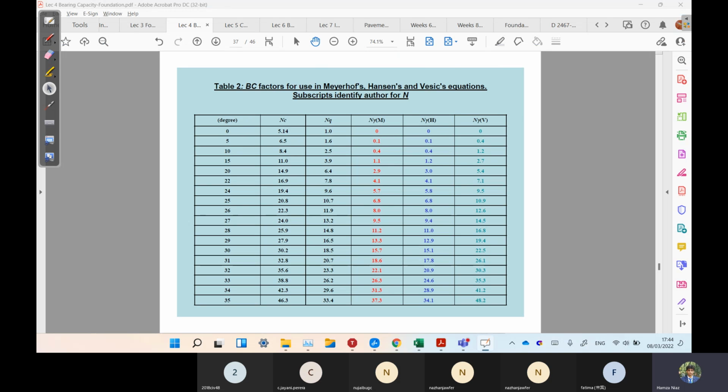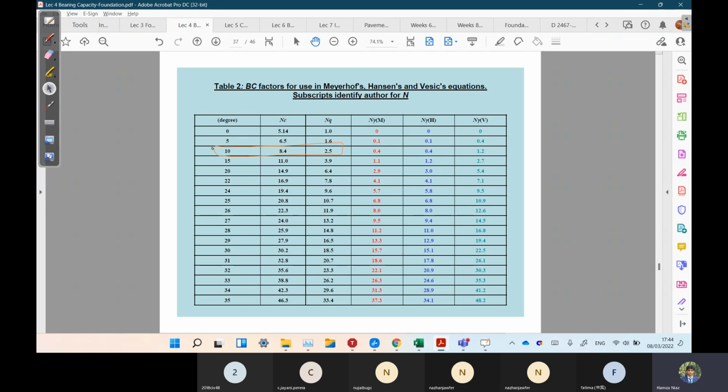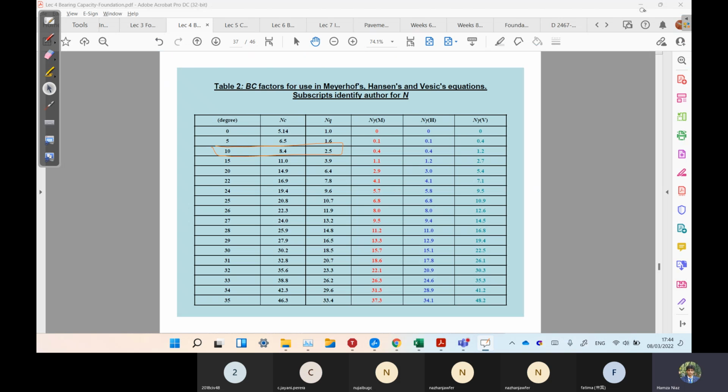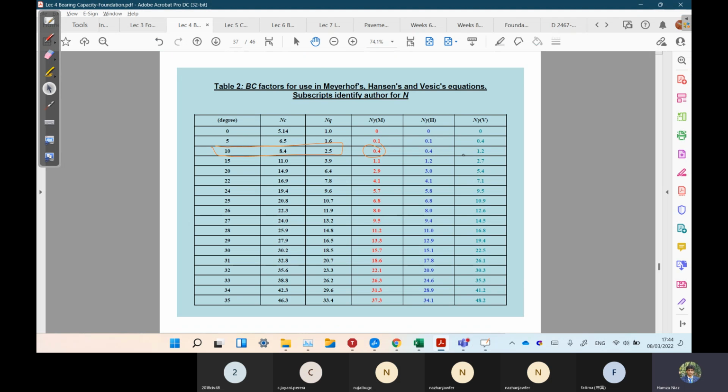Their values are given here. N c and N q values are the same for all three of these methods. For Meyerhof, Vesic, and Hansen, we have the same values of N c and N q. Just this N gamma is different for these methods. They all have different values of N gamma.